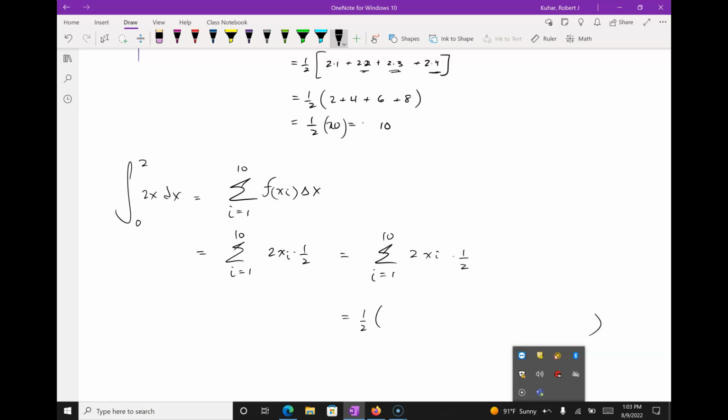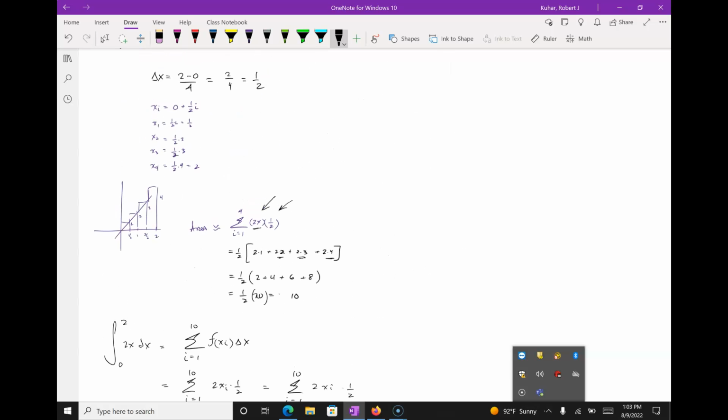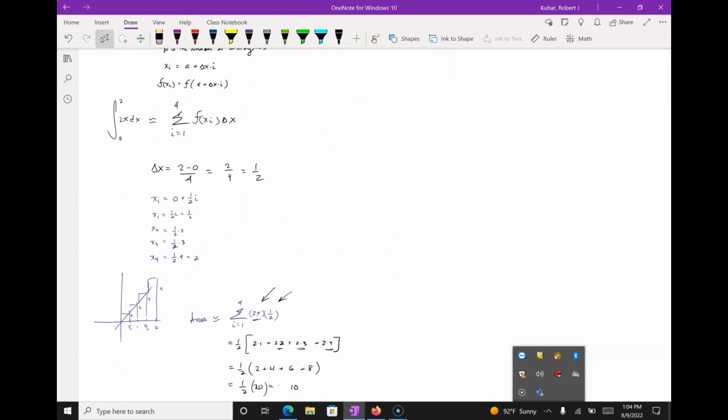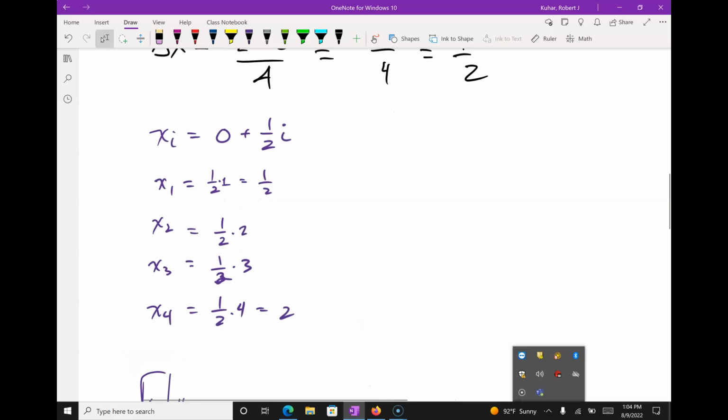But I made a mistake, didn't I? My first x sub i is 1/2, right? Let me go back here, sorry. Oh yeah, here are my x sub i's: 1/2, 2 halves, 3 halves, 4 halves, 5 halves, 6 halves, 7 halves, right?